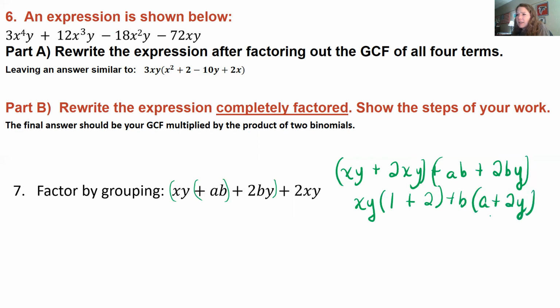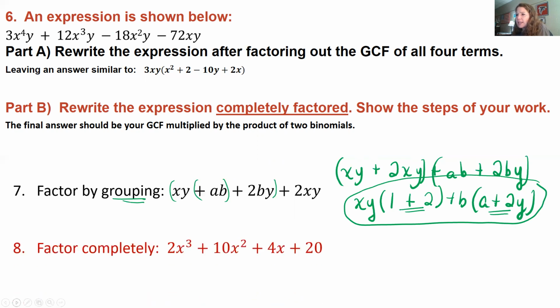I wonder if I wrote this problem correctly. Because these don't match exactly, but I did group them and I did find common factors, but anyway, that's the final answer I got. I can't go any further because these don't match exactly.